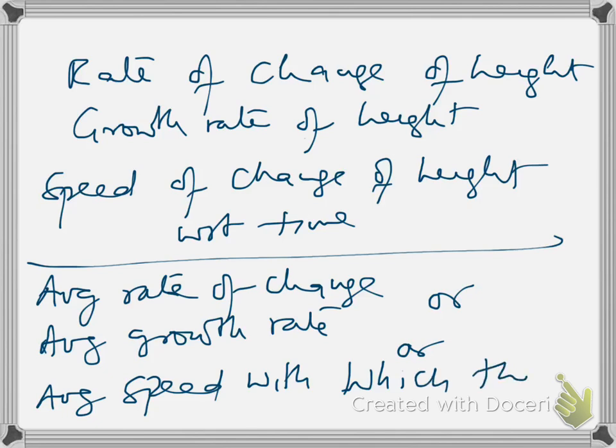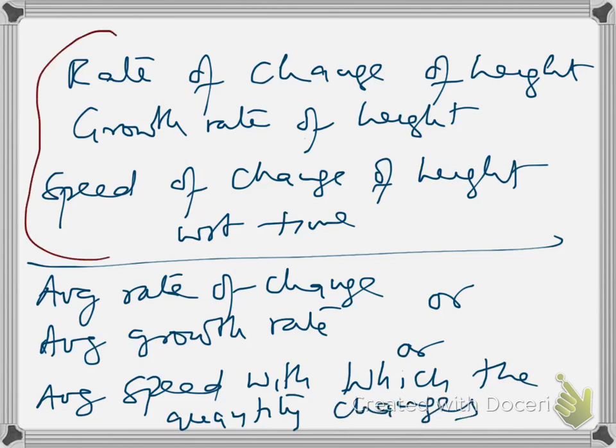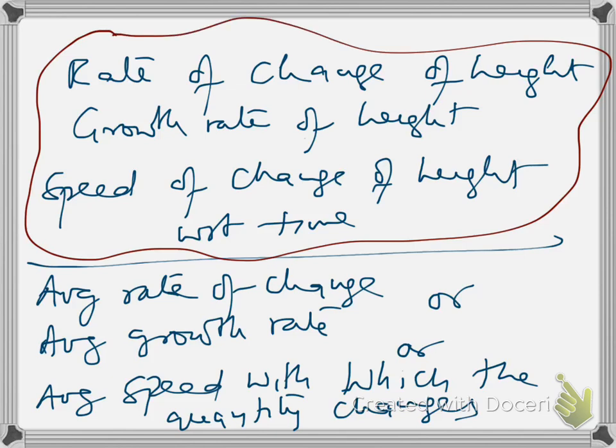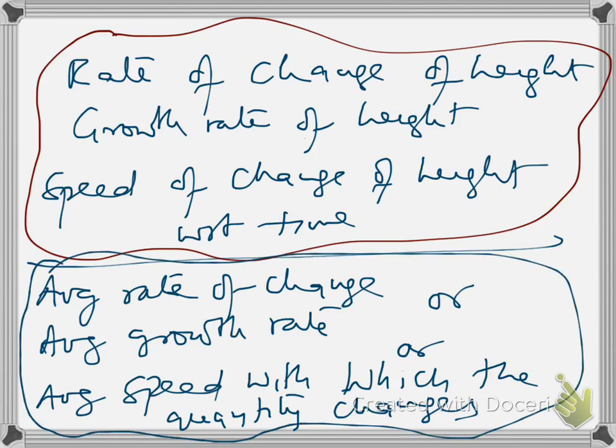These are all the same. The upper quantities which I am marking with a brown color all mean the same thing. The lower quantities which I am marking with a blue color all mean the same thing. So there is a difference between rate of change and average rate of change.